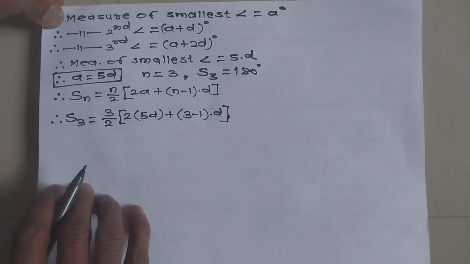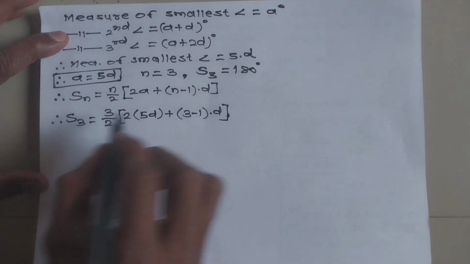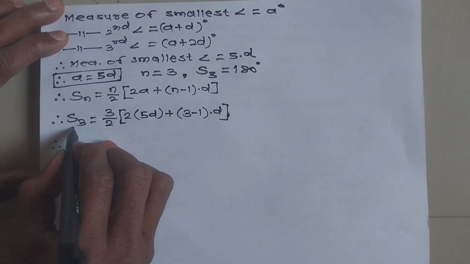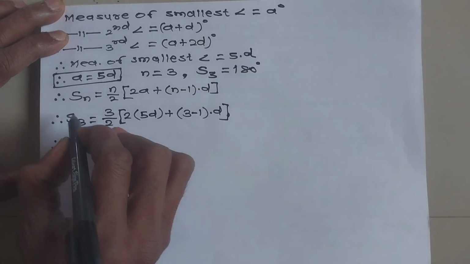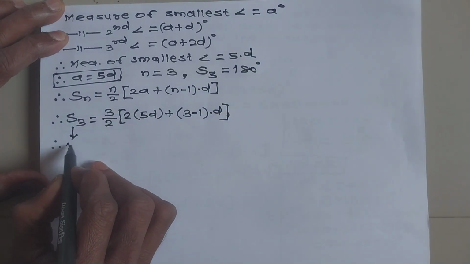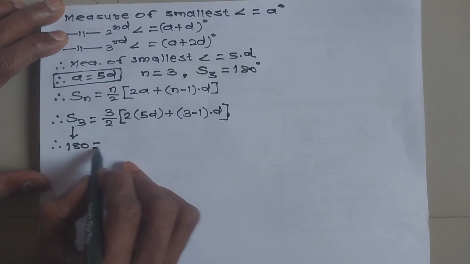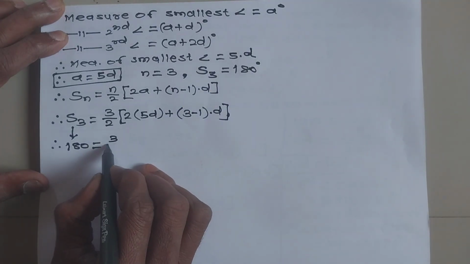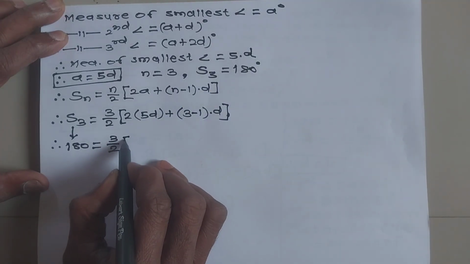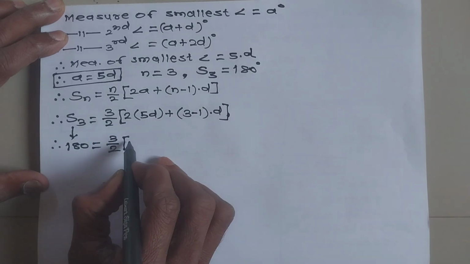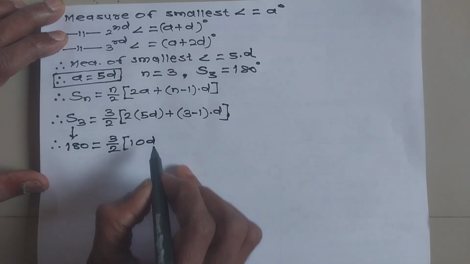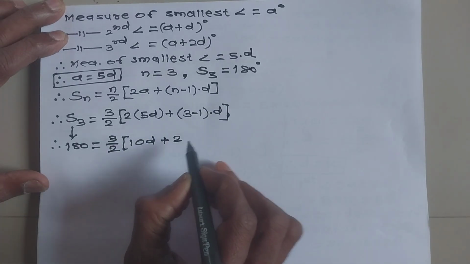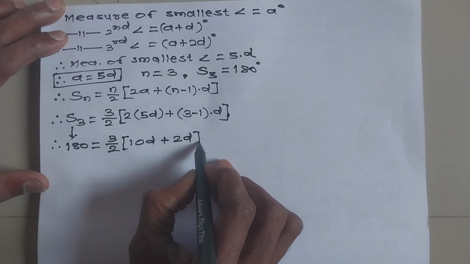This is our next step. Then we put the values. The value of S3 is 180, don't write degree here, only write 180 is equal to 3 upon 2 bracket 2 into 5, 10, into d plus 3 minus 1, 2, and this d.